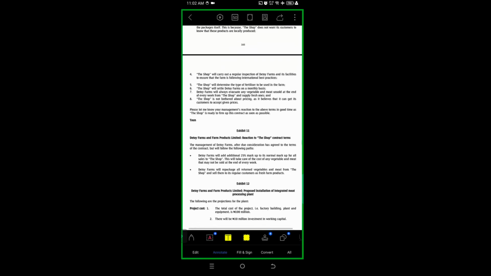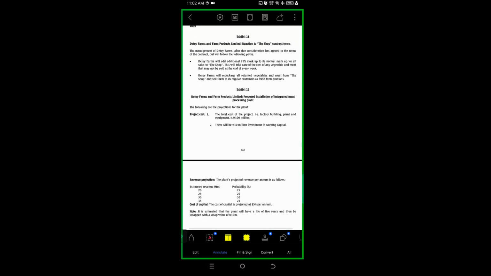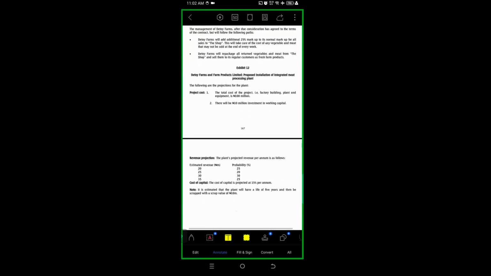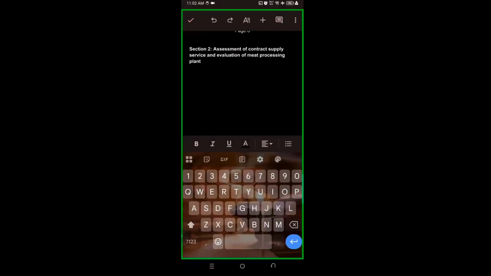And the reaction, we should look at whether it makes any sense in relation to the contract, right? Now, that is one part for the contract supply. The other part is the installation of meat processing plant, the evaluation of meat processing plant.